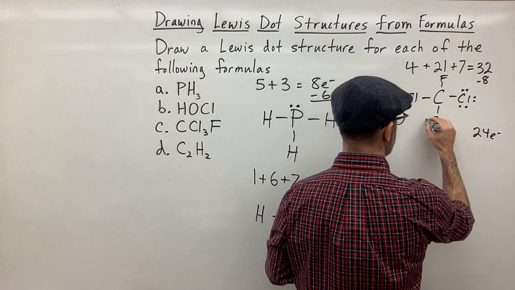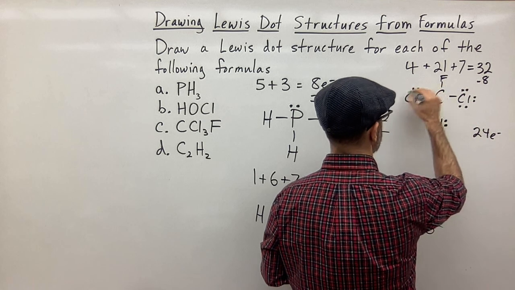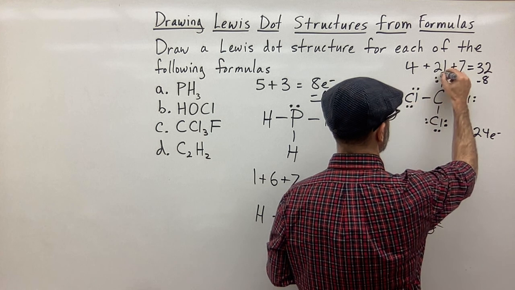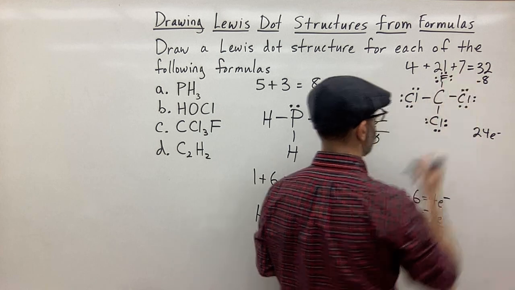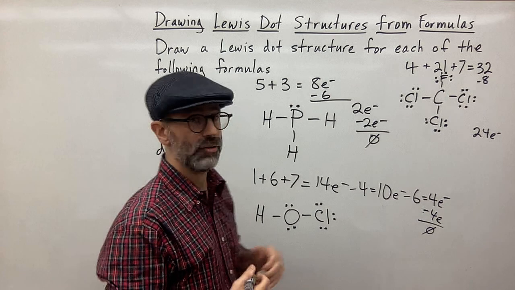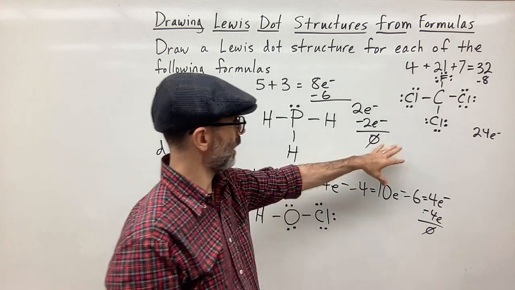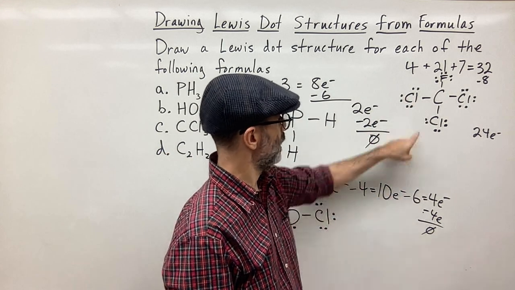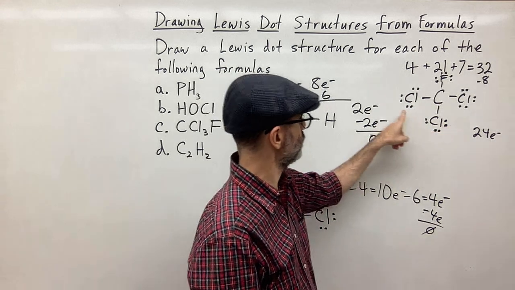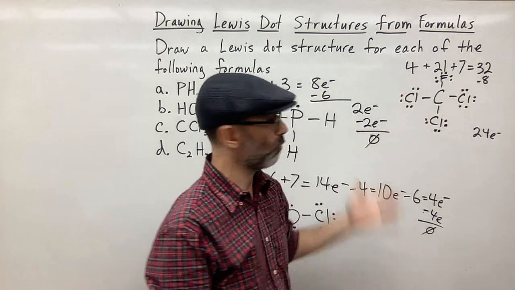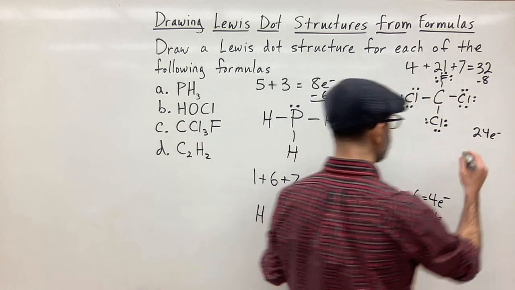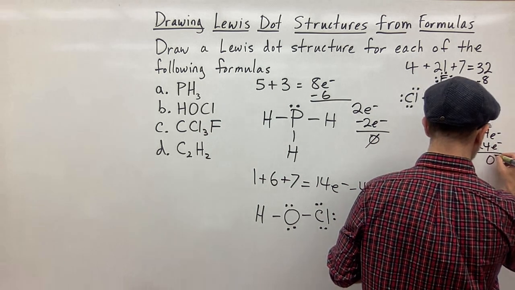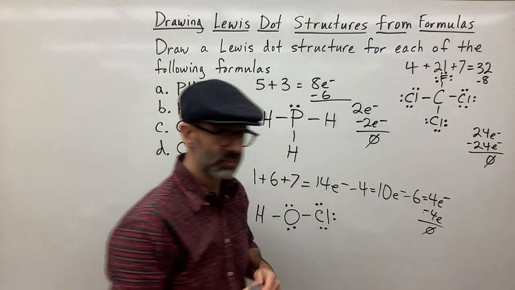So 1, 2, 3, 1, 2, 3, 1, 2, 3. Now they have an octet each, so I have to subtract out all of the electrons. I use 6 electrons for each one. I have 4 atoms. 4 times 6 is 24. So I'm going to subtract out 24. I have 0 left over.